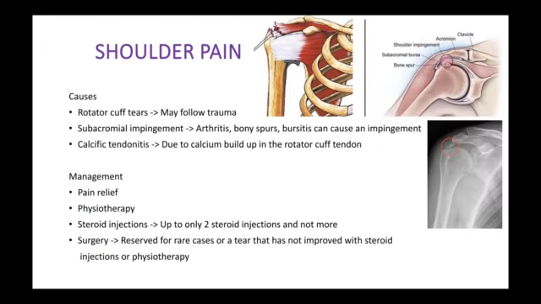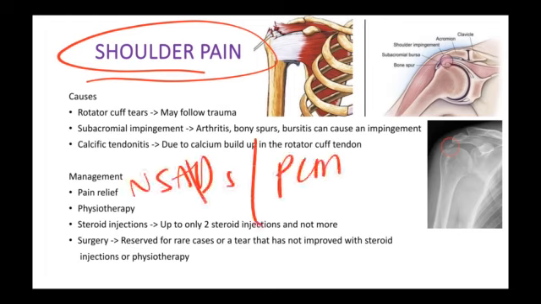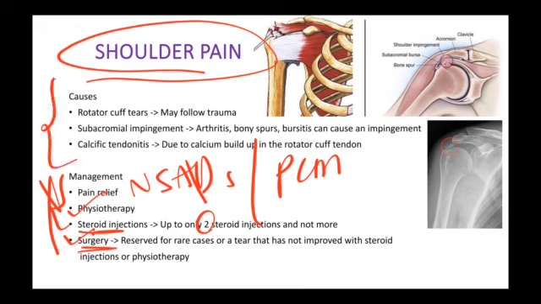The management is the same for any shoulder pain and any shoulder pathology. Firstly, pain relief with NSAIDs or paracetamol, then physiotherapy, steroid injections too, and if nothing else works, as a last resort, the patient undergoes surgery. Surgery is done only when none of these pathologies has improved with steroid injections or physiotherapy.